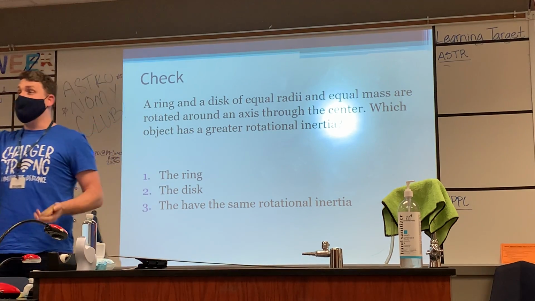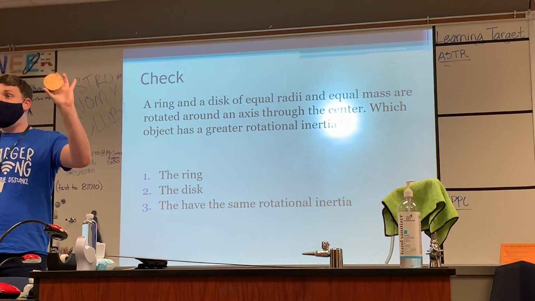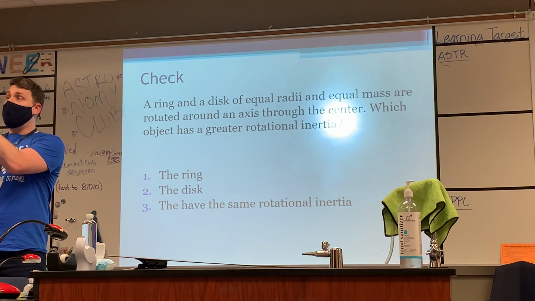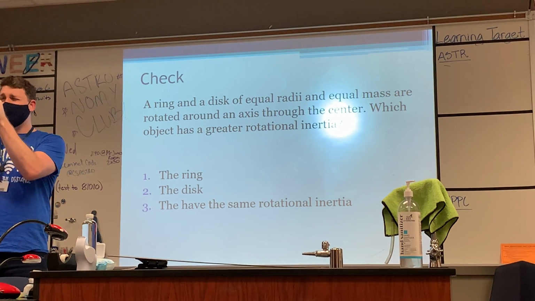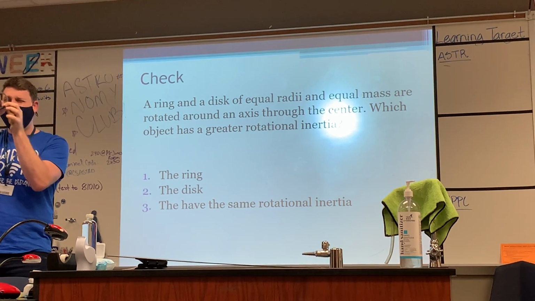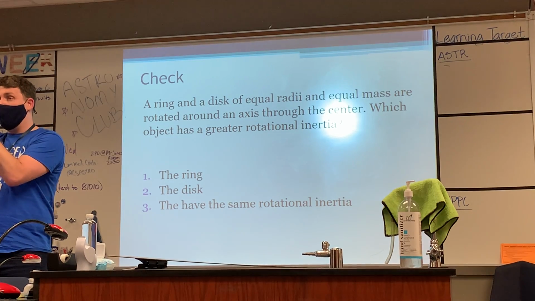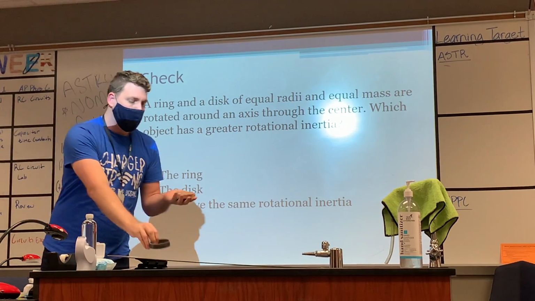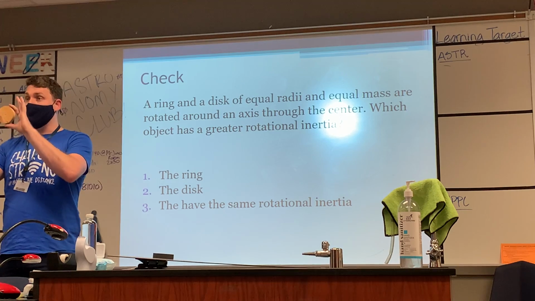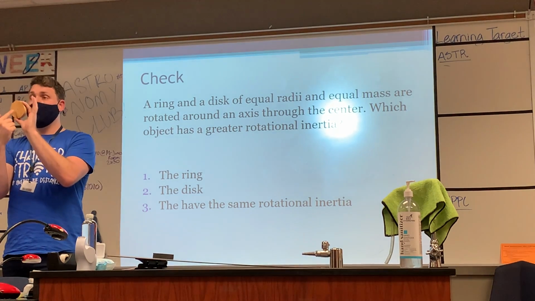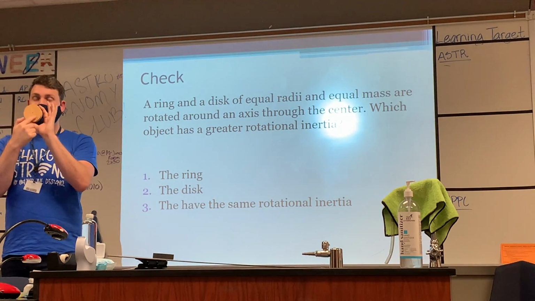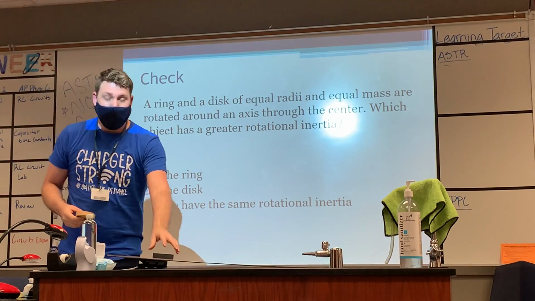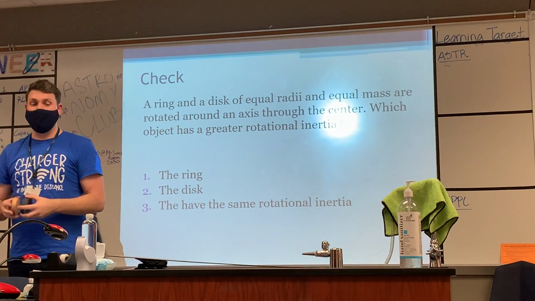These two objects have the same mass. But for the ring, if this is my axis of rotation right here in the center, all of the mass is far away. For the disc, some of the mass is far away, but some of it's really close. So the ring has a greater rotational inertia.